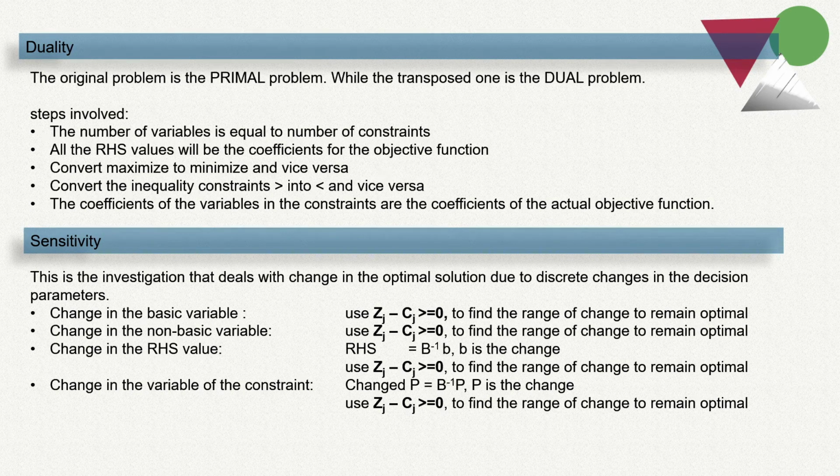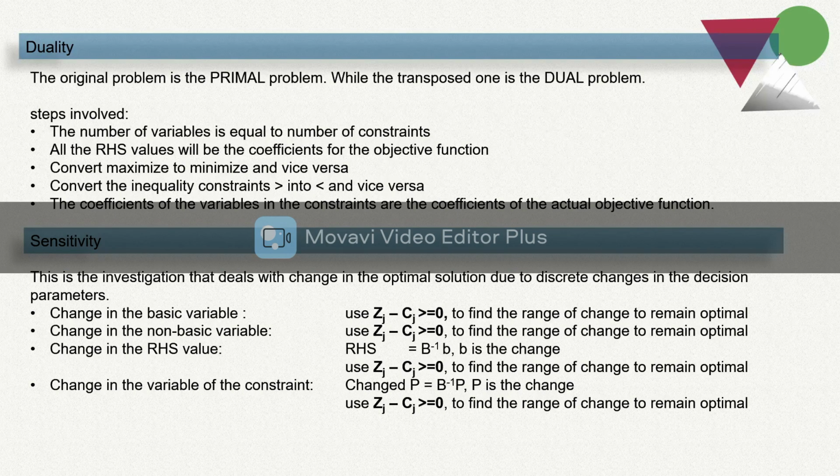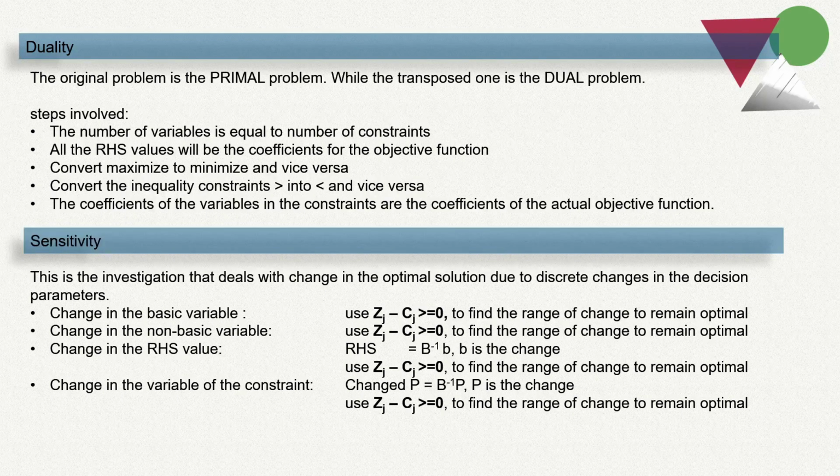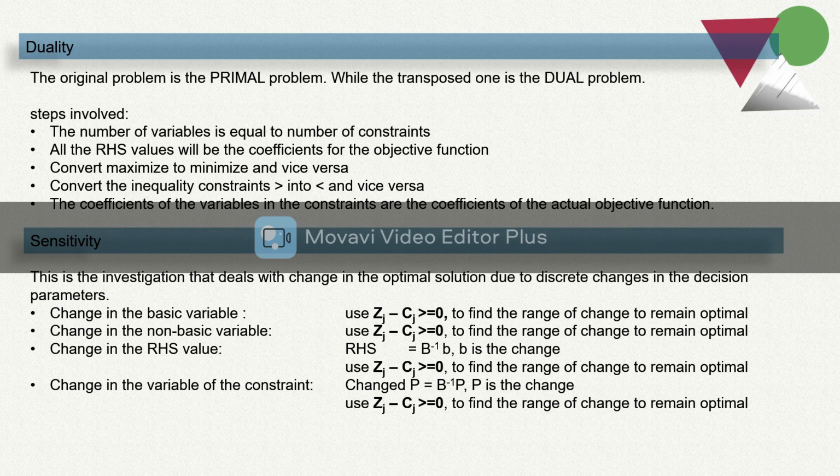When there is a change in the basic variable, we have to use Zj minus Cj greater than or equal to 0 to find the range of change to remain optimal. And the same is the case in change in the non-basic variable. While in case of change in the RHS value, the change will be B inverse B, where B is the change, and use Zj minus Cj greater than or equal to 0 to find the range of change to remain optimal.